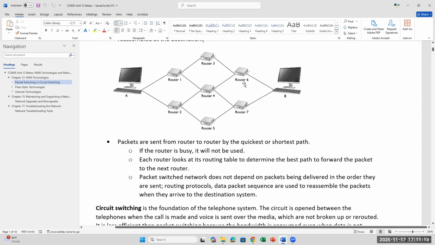When you are sending the packets from router to router, typically the router would either determine how to get it to the destination as quickly as possible, or it would follow the path that is already pre-configured by the administrator. So let's say that you take the same route from work to school every day.